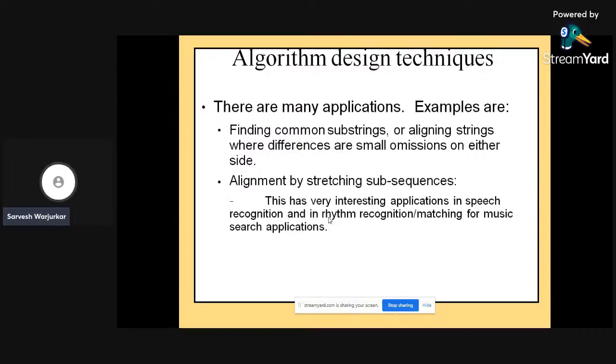The idea is very simple: store the result of the subproblems. There are very interesting applications in speech recognition as well as rhythm recognition. We can find them in live applications like music dubbing and music search matching applications as well. This simple optimization technique reduces the time complexity from exponential to polynomial.